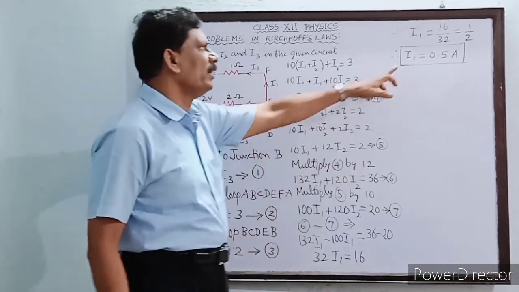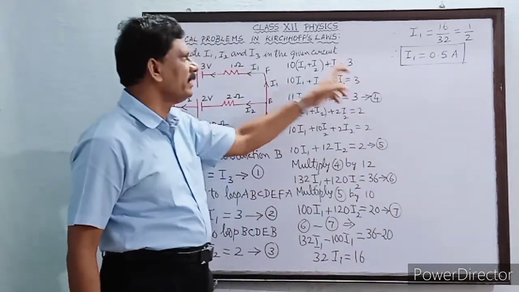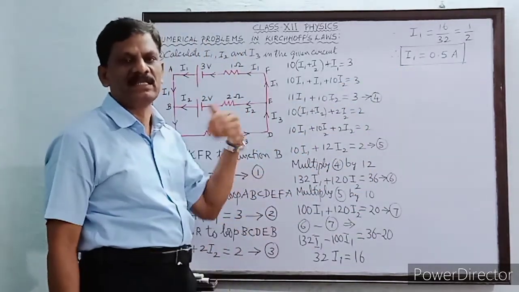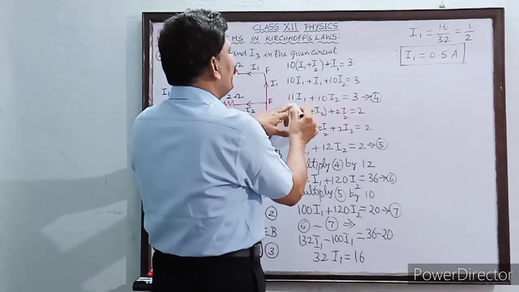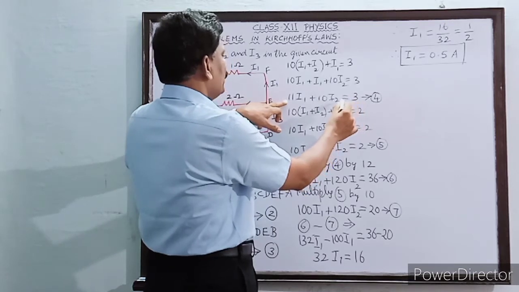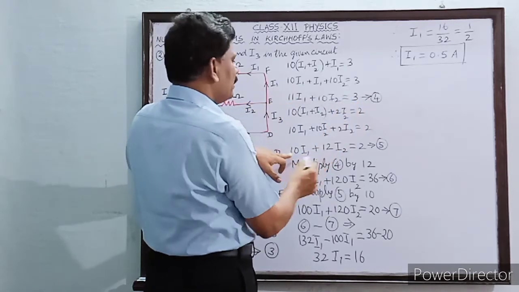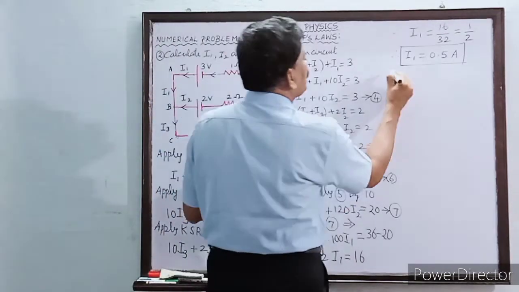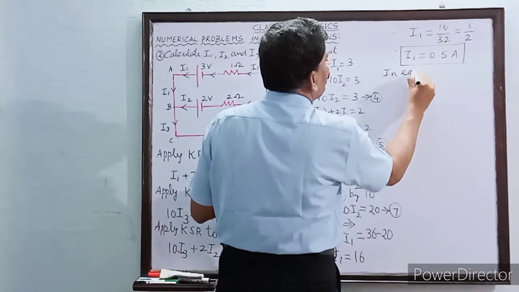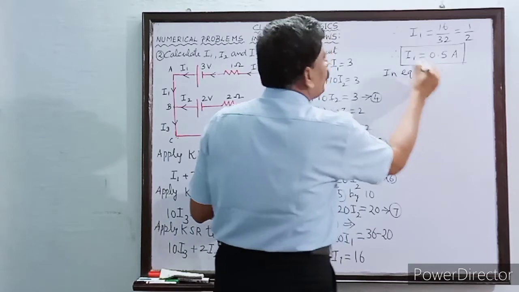Now the value of I1 can be substituted in any of the earlier equations so that we can get the value of I2. Now this equation we can choose randomly, but the fifth equation will be better because it's a multiple of 10. So in equation 5, I substitute the value of I1.